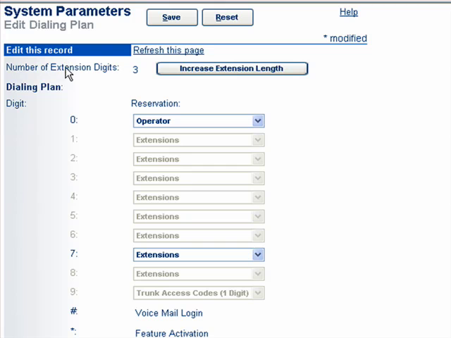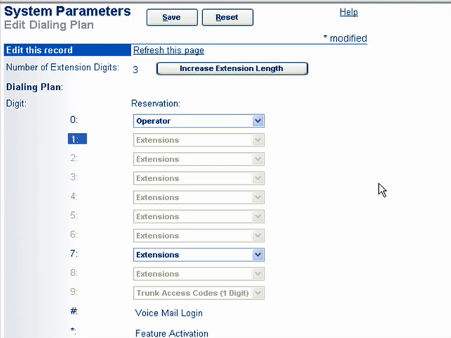For example, out of the box, ShoreTel expects you to use 3-digit dialing. That's quite a large number of extensions. I could have, for example, the digit 1, so that would give me 100 through 199, and 200 through 299, etc., to 600 through 699.